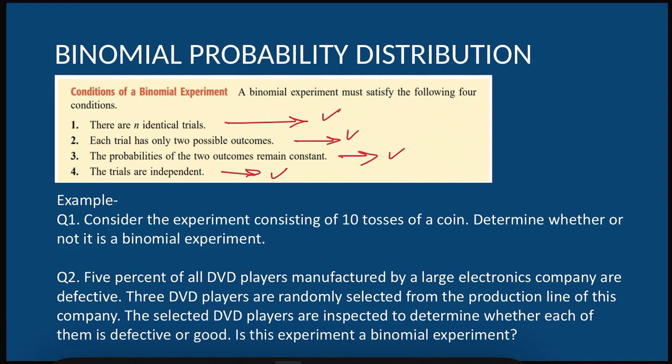So first of all, there are 10 trials, so is every trial identical? Yes, it is identical. And are there always two possible outcomes in each trial? Yes, two possible outcomes. And is the probability always the same? Yes. It hasn't happened that if tails come first, then the probability of tails on the second toss changes. That's not the case. The probability has remained constant, and trials are independent. So all four parameters of our experiment are proved true. Then in that case it's a binomial experiment. For the second question, you can try it by yourself. Just think a little bit about it.